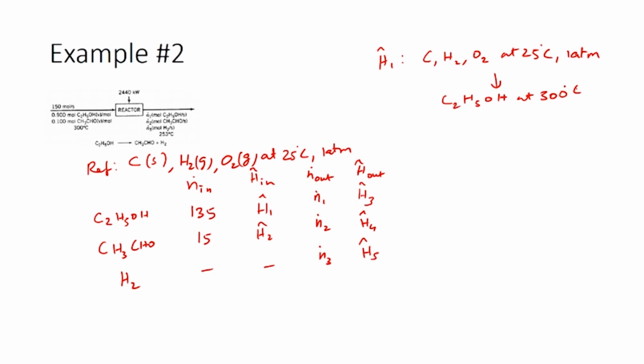To take this into consideration, we have to look at two steps. The first would be the formation of ethanol, and the second would be the heating of ethanol from 25 to 300 degrees Celsius.